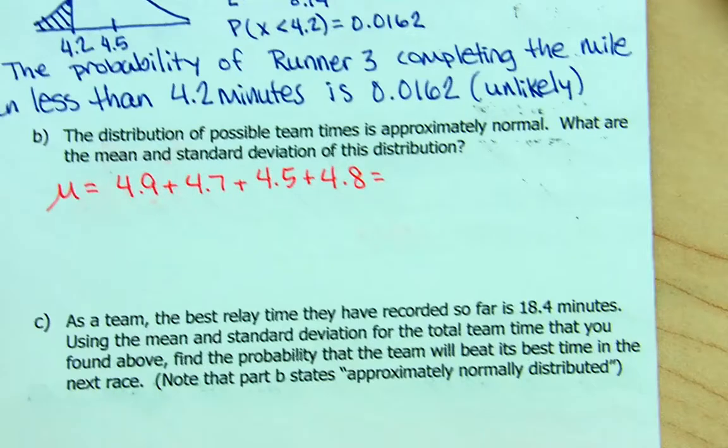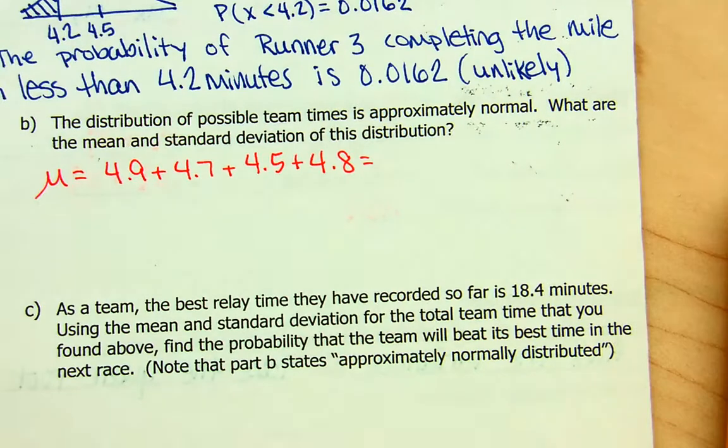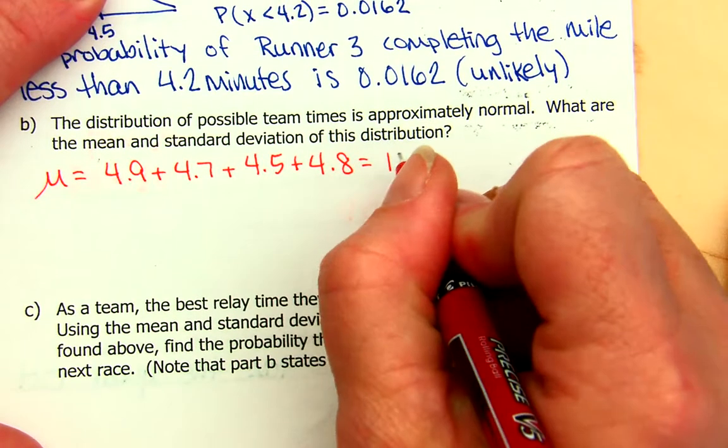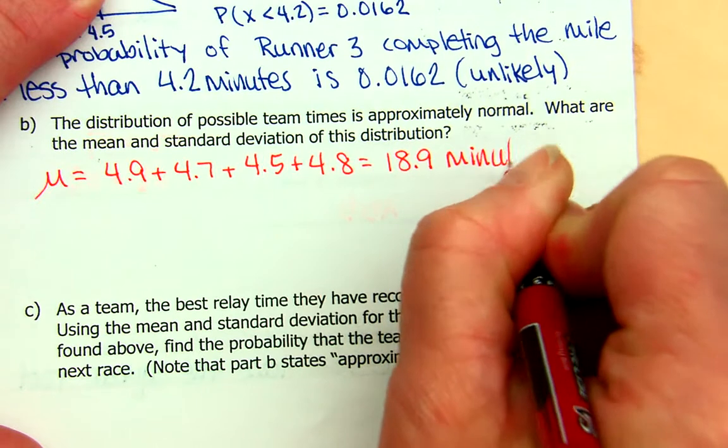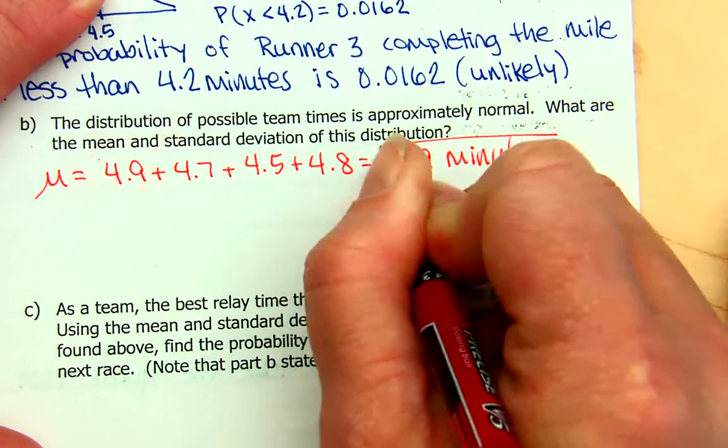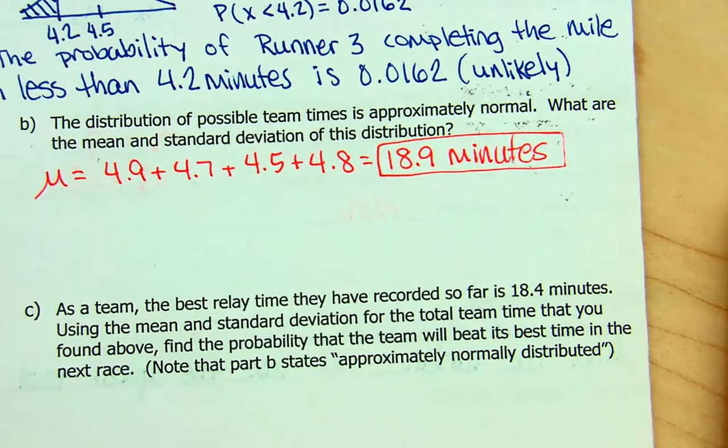We're going to show what we're adding to get to our new mean. So 18.9 minutes. So that would be the mean time for this team of 4 runners.